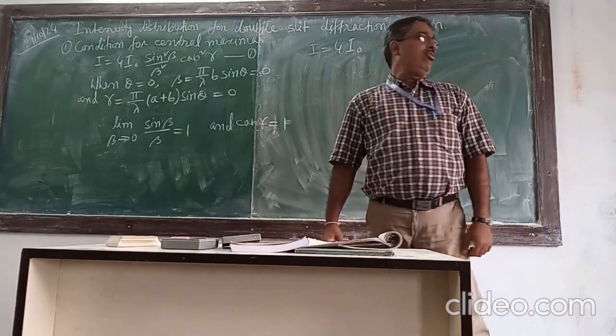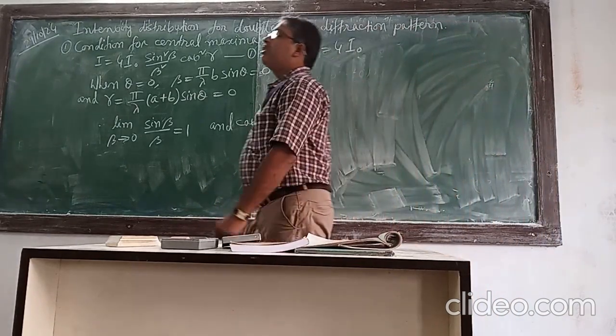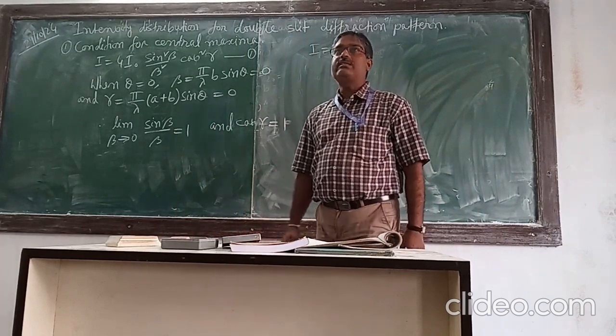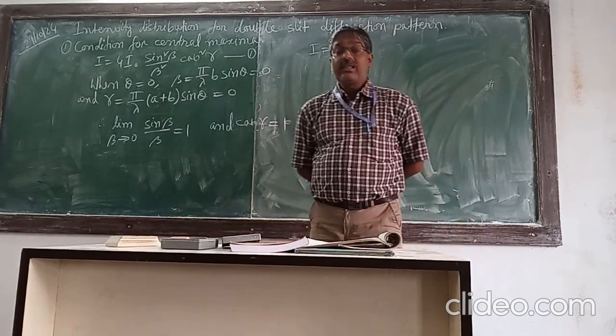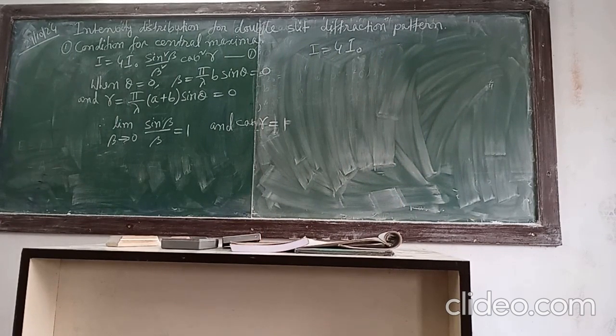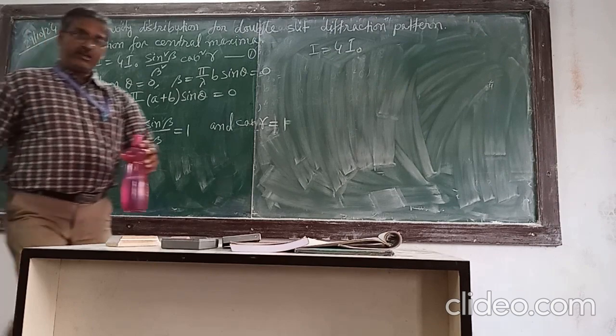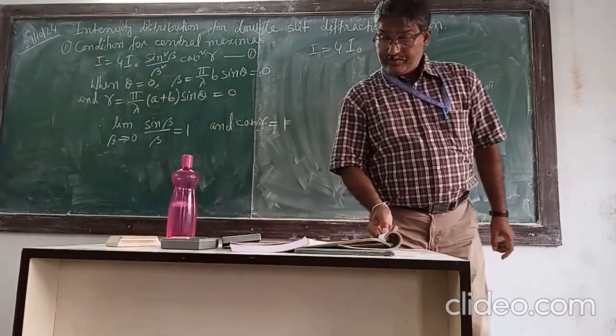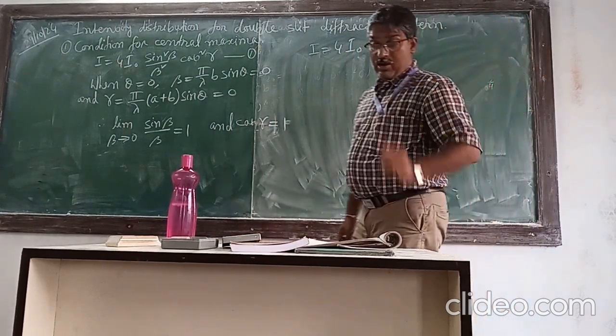Comma দিয়ে লেখো, which is 4 times the intensity of the central maximum for the single slit.